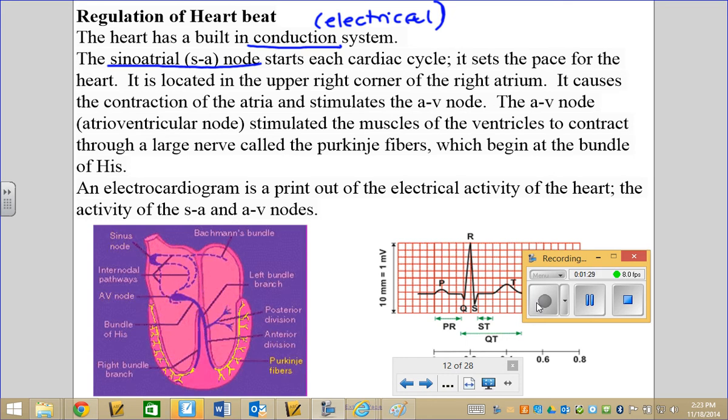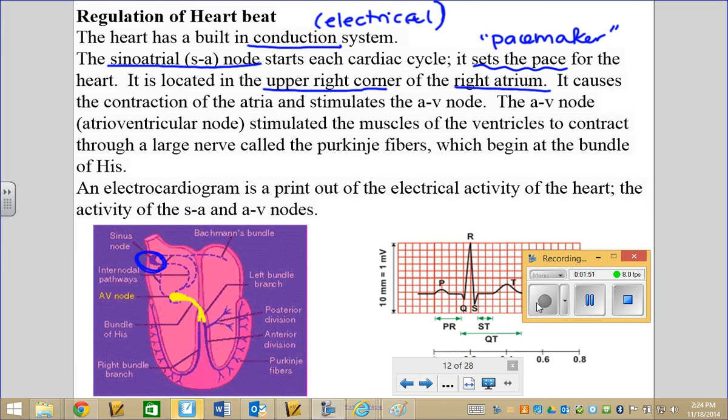So your sinoatrial or SA node starts each cycle. It sets the pace. So sometimes we call it the pacemaker for your heart. And it's located in the upper right corner of the right atrium, which on a picture actually looks like the top left, because the picture is always the mirror image of the heart.